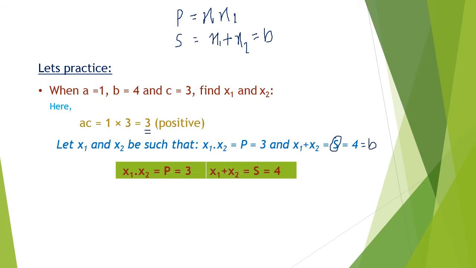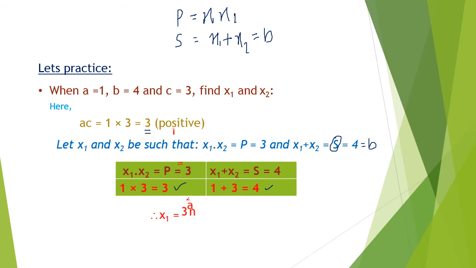Now how can we get 3? First, always remember that you always have to start from 1. 1 into 3 is 3, and 1 plus 3 is 4. So when we add these two numbers, 1 and 3, we get the sum 4, and in the very first step we get our two numbers: x1 is equal to 3, always the bigger number first, and x2 is equal to 1.